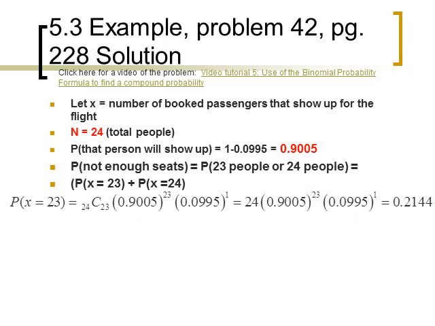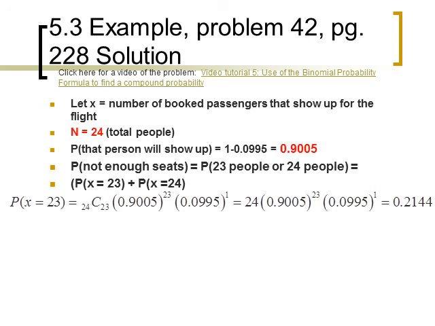So I need to use the probability formula because the probability P that I'm using is 0.9005, and that is not a probability that's found in table A1. So P of x equals 23 is 24C23 times 0.9005 to the 23rd power times 0.0995 to the first power.